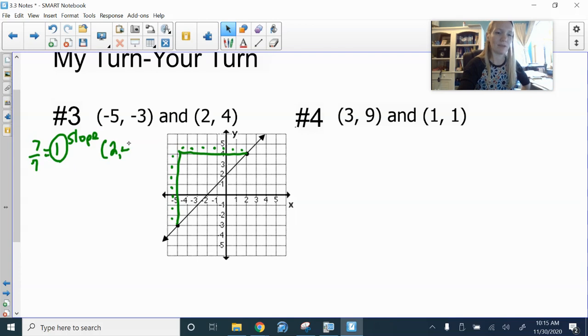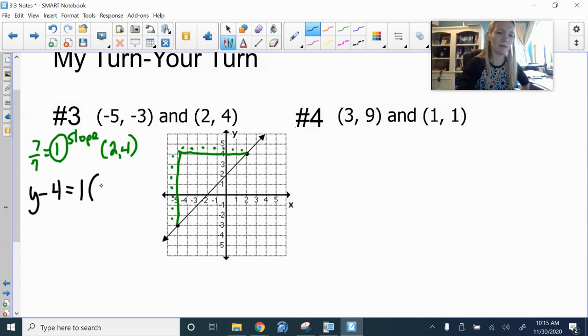All right. So we're going to use that point and plug it in. I'm going to do my y minus my y value equals my slope. Slope's just a 1. X minus my x value. We can distribute. No fractions. That's good. So I have 1x minus 2.